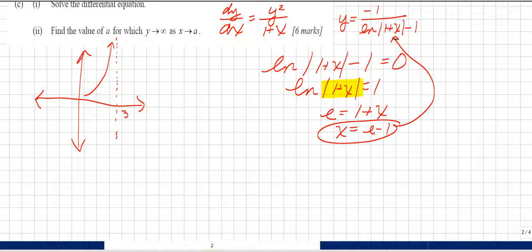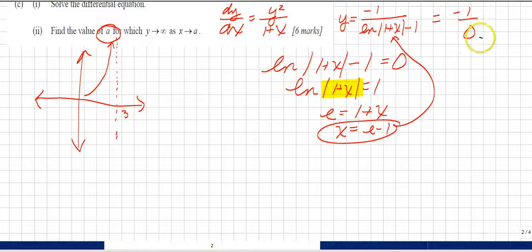Sounds confusing, but if you just take a look at the graph and think about it, as the denominator gets closer to 0, the y value approaches infinity. So there's our x, but you've got to be careful here. It says find the value of a. Well, a is x, but x does not equal e minus 1. It's as it approaches e minus 1. If you plugged in e minus 1 exactly, you'd have negative 1 over 0, which is undefined.